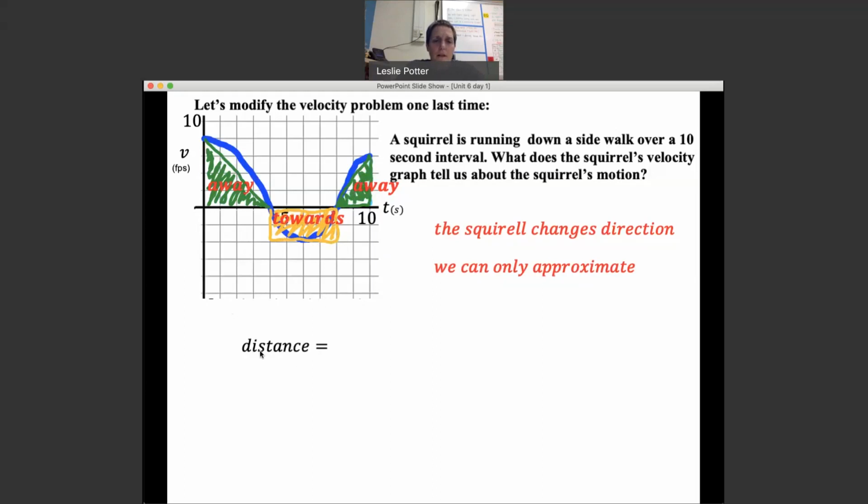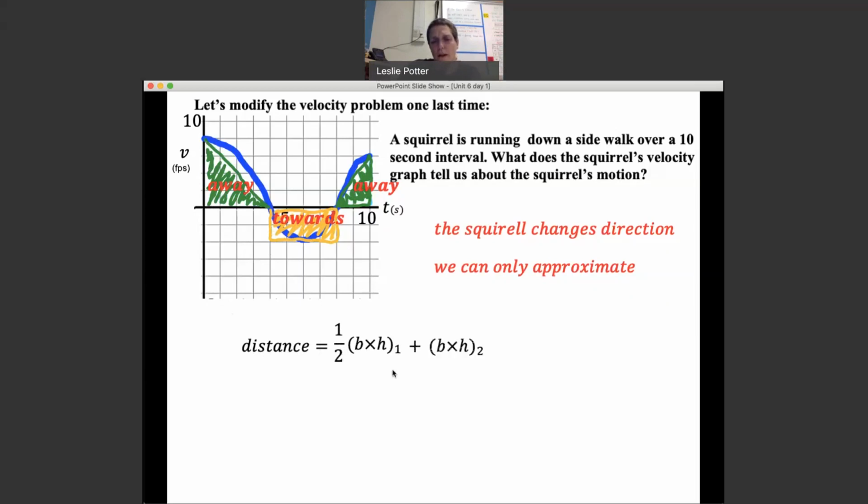So to find the distance, and really we can remove the word distance and talk about displacement. I'll talk about that in a second. So this first region was half base times height. I gave it the subscript 1 because this base and this height may or may not be repeated anywhere else in the problem.